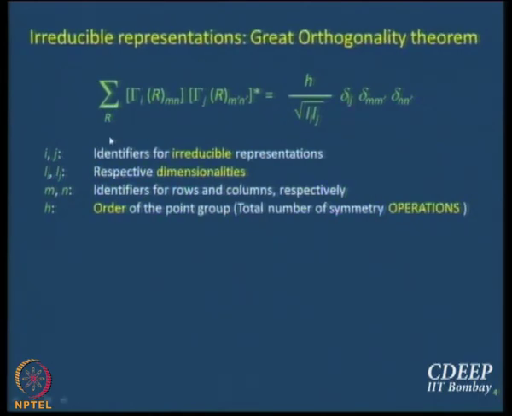And then what do I have on the left hand side? The sum over R of gamma_i(R)_mn, right, because there is no Kronecker delta. You cannot write j anymore, you have to write i, gamma_i(R)_mn, and then the star of that again if it is a complex quantity, right.